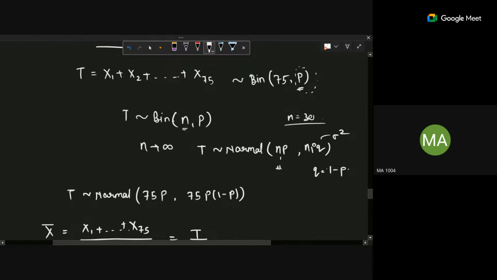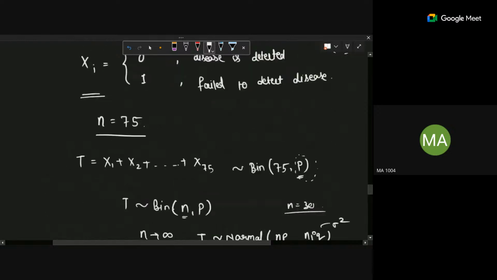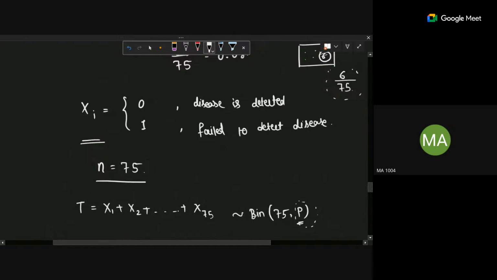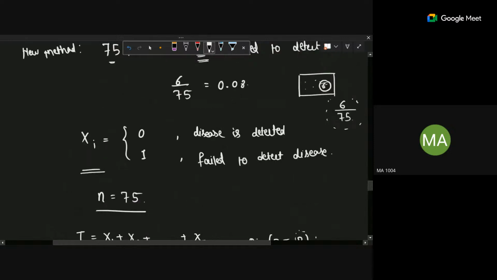So that's why I have kept my Bernoulli as 0 when the disease is detected, because we are not interested in how much it is detecting, but we are interested in the probability of how many times it's failing to detect the disease.